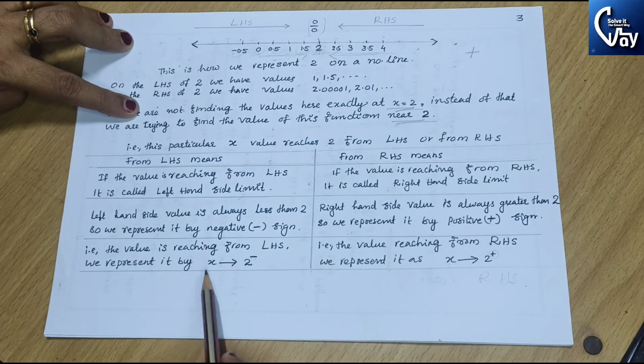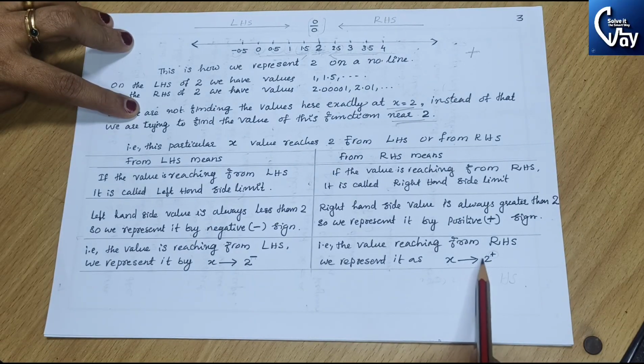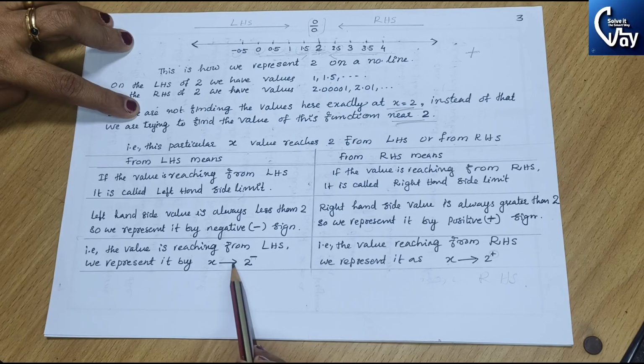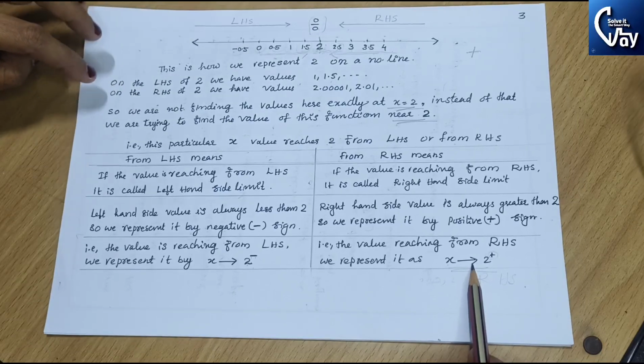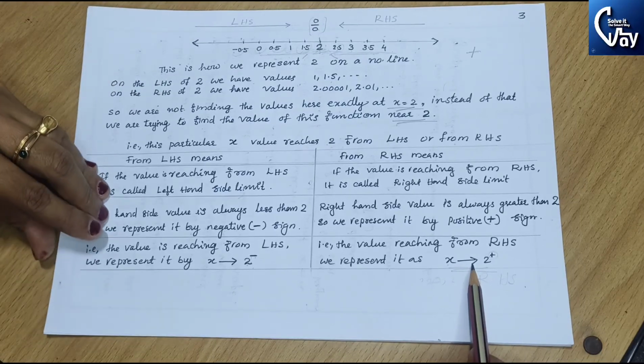So it is represented as x tends to 2 minus and x tends to 2 plus, or x approaching 2 minus or x approaching 2 plus. This indicates x approaching 2 from the left hand side. This indicates x approaching 2 from the right hand side. Is it clear?